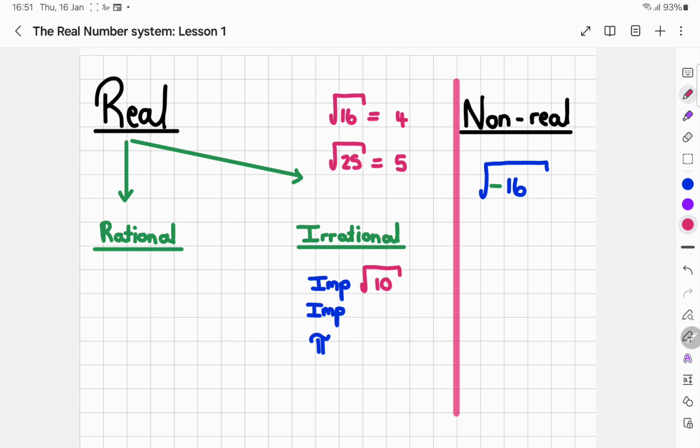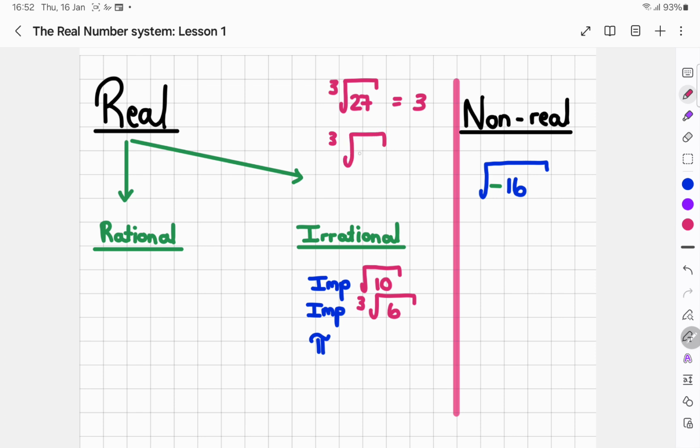It gives you one answer, where the imperfect will give you lots of digits and it carries on and on and on. Think of the imperfect cube root as well. If I've got the cube root of 6, then it will be a decimal, it will carry on and on and on. A perfect cube root would be like the cube root of 27, which is equal to 3, or the cube root of 64, which is equal to 4.